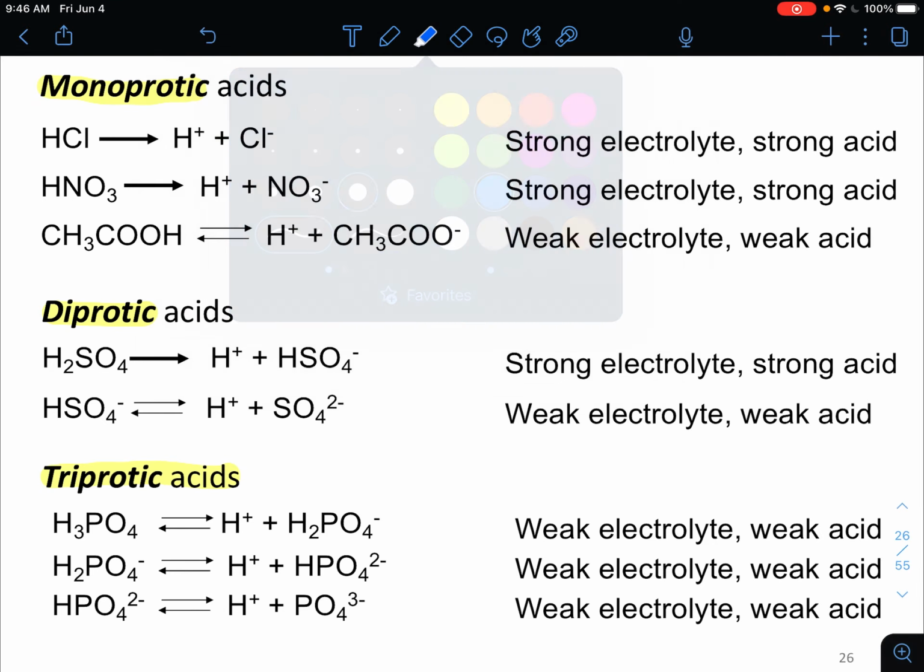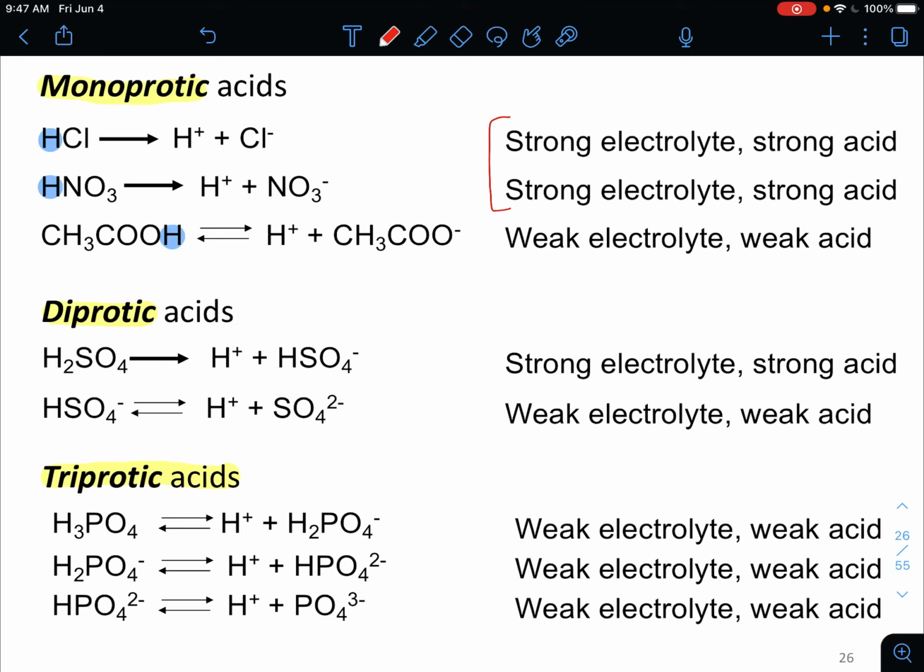So starting with our monoprotic acids, we've got hydrochloric acid, nitric acid, and acetic acid. Each one has one hydrogen available to be released. These first two are in the group of 7 strong acids, so that makes them strong electrolytes as well.